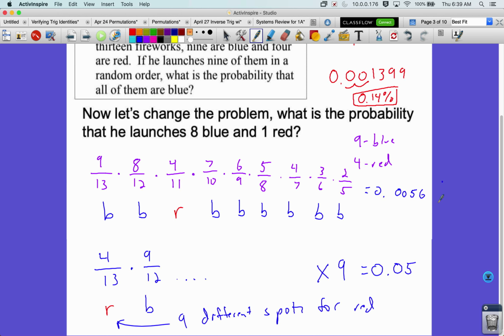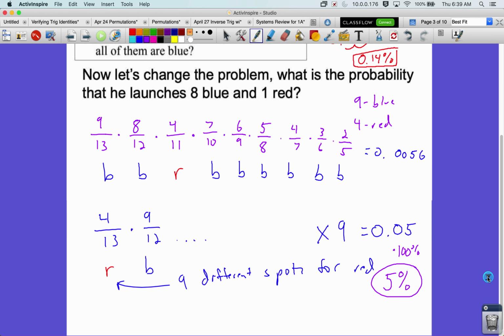Just leave it at that. Convert that into a percentage, times 100%, and we get a 5% chance. So very unlikely that he shoots off all blue, but if we give him the option to shoot off one red, we go up to a 5% chance.